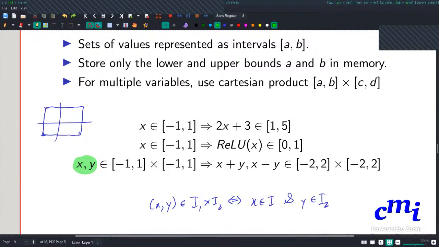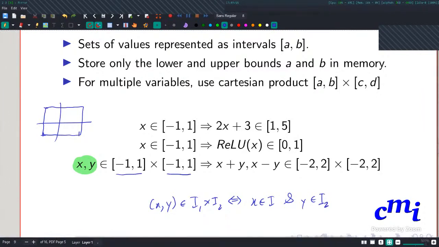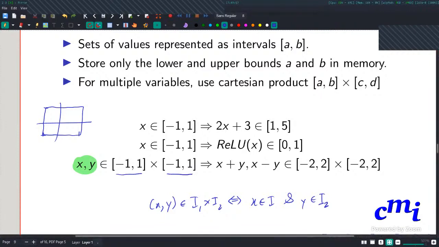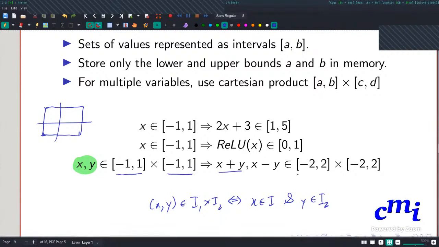Okay, so you can argue that very simply. Basically, if x is contained in here and y is contained in here, then x plus y will be contained in this interval, right?